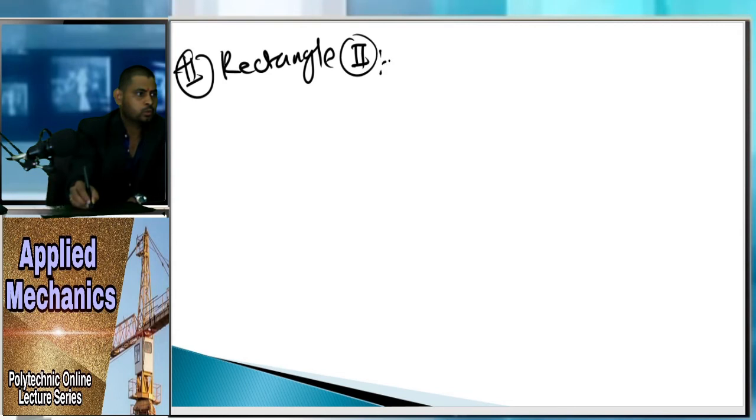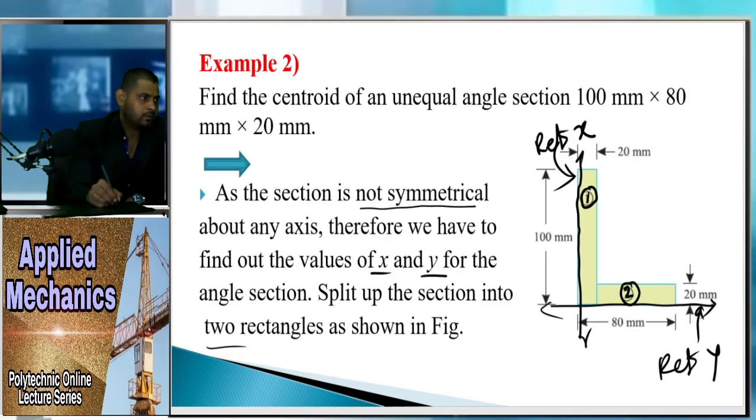So now take the second rectangle, rectangle 2. For this we have to find out the area 2. So let's see what is the area of the second rectangle. Here you can see the height of this is 20, but the length of this is the total 80 minus this 20, because our second rectangle is from here, this much is our second rectangle, right?